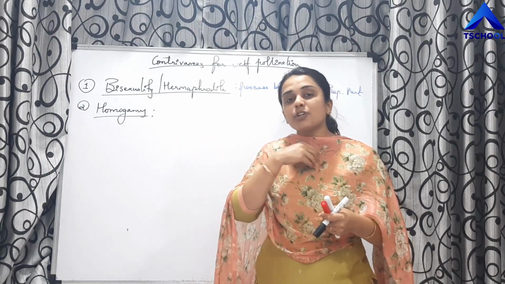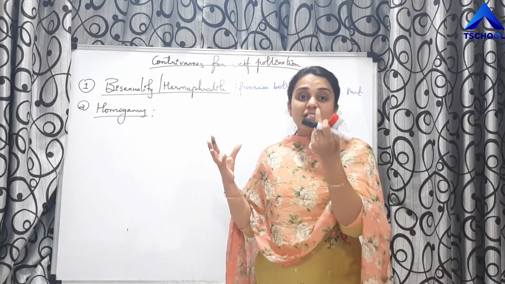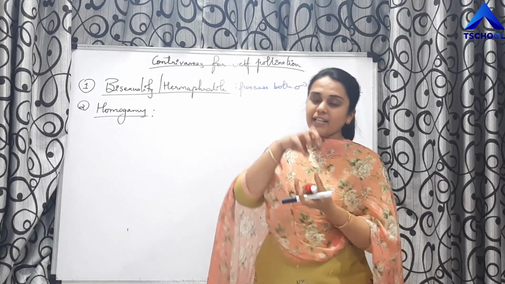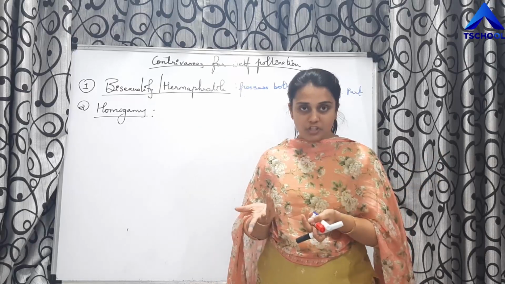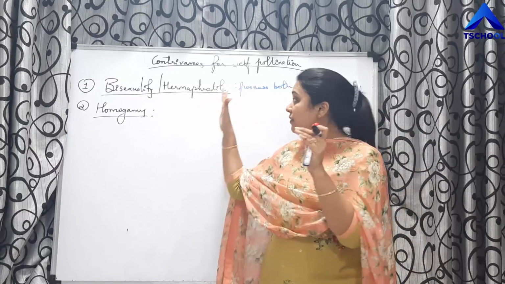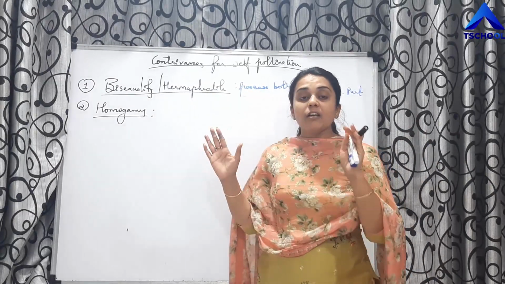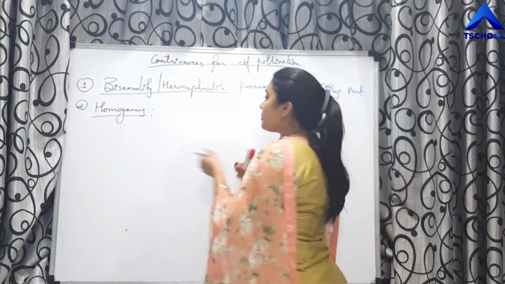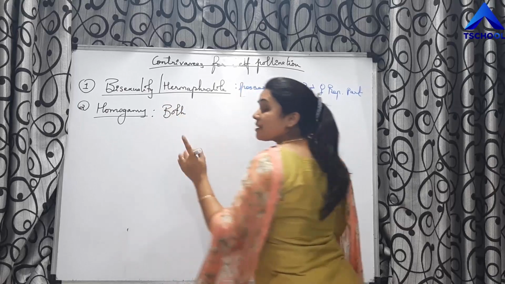The anther is going to release the pollen grains, but the stigma and ovary are not yet ready to accept that pollen grain. Then also there will not be self-pollination, right? So what is homogamy? Both the male and female reproductive parts are there. The flower is a bisexual flower, but both male and female reproductive parts should mature at the same time.